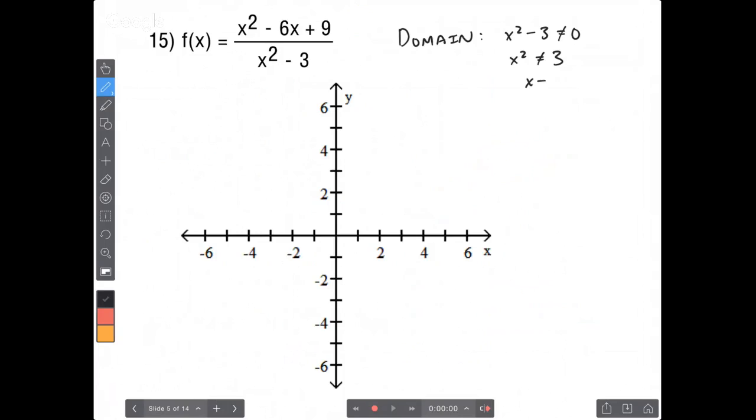So we know x cannot equal plus or minus root 3. So the square root of 3 is what, like 1.7-ish? 1.73. Cool. So I know I've got an asymptote at positive 1.73.